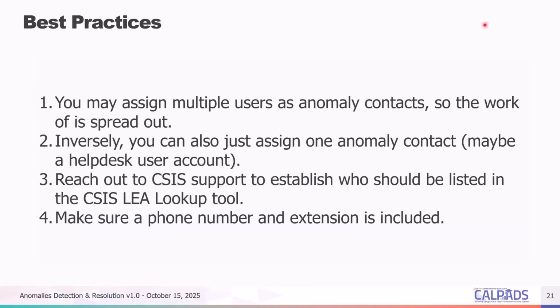So for best practices, to be responsive to other LEAs, or to also expect that other LEAs would be responsive to you, it would be nice to distribute the work, assign it to multiple users as anomaly contacts, or you could even assign one user per school as anomaly contact if you really want to spread the work.